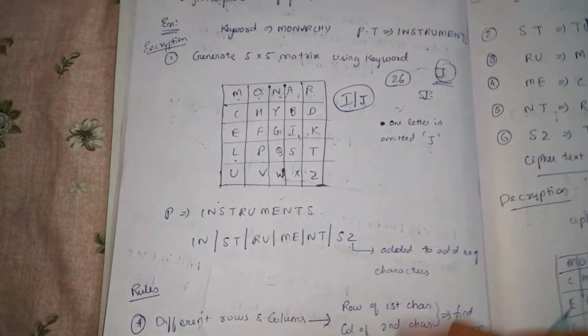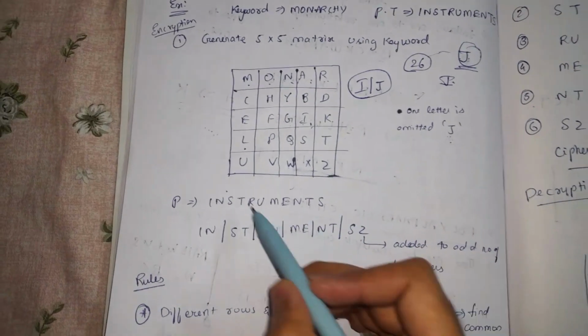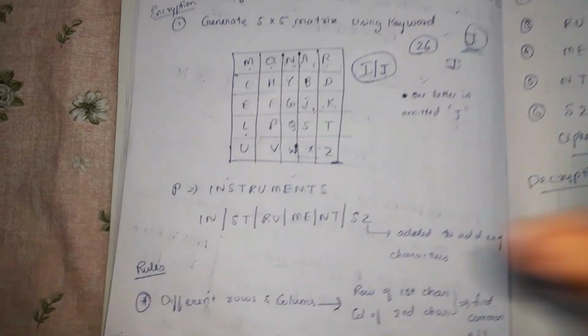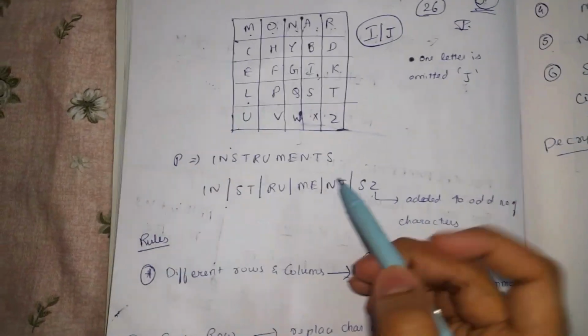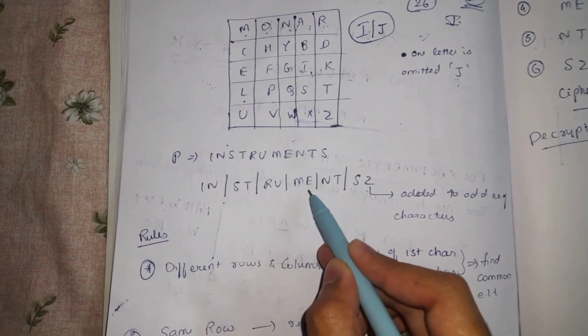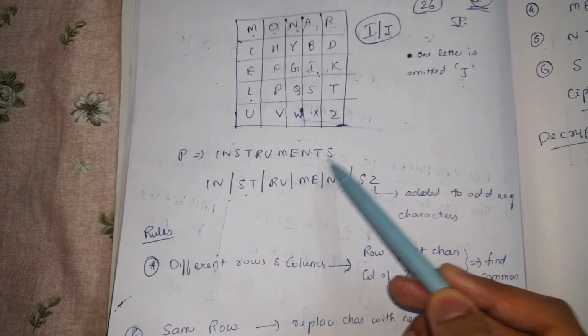Now, as we said, the Playfair cipher encrypts two letters at a time, a pair of characters at a time. Look at this, we have a total of 11 characters here.